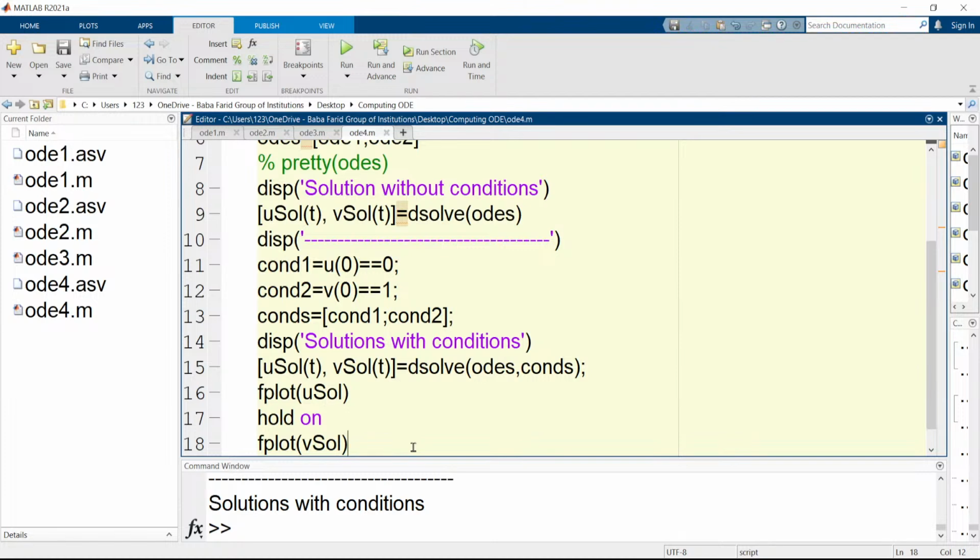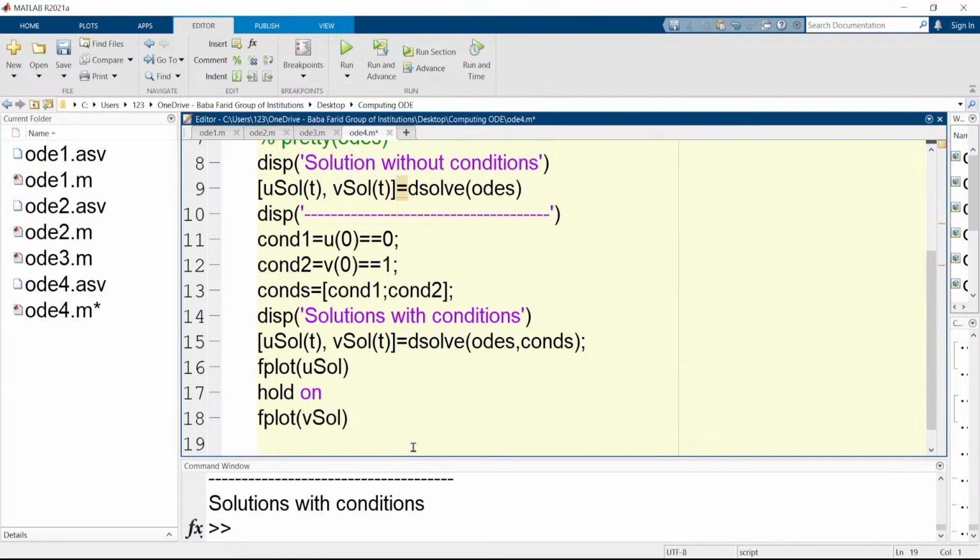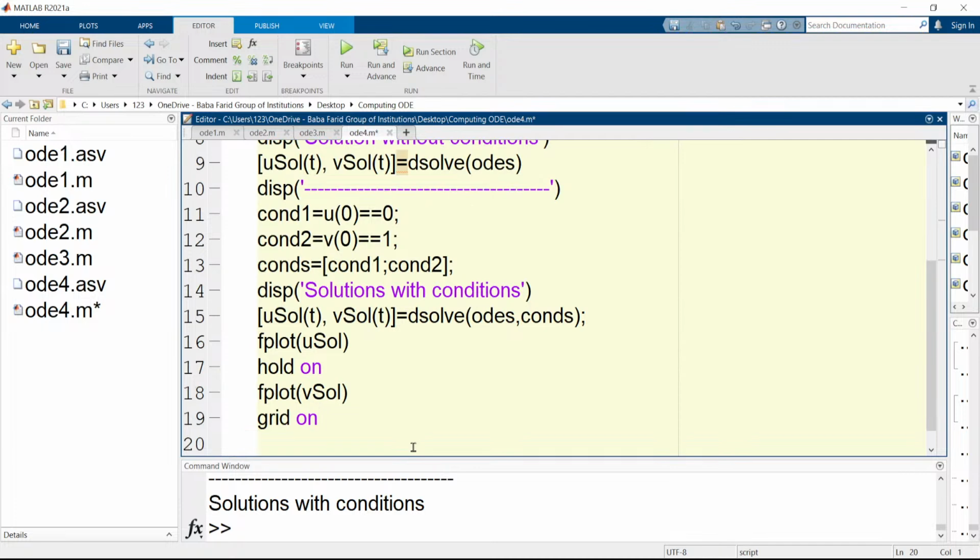So see, first we are doing grid on, then you can insert the legend. Legend, then we have 'u solution'. So this will be used for the first solution.